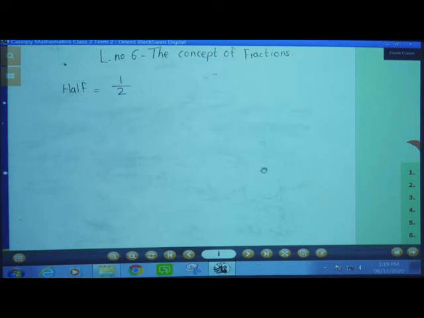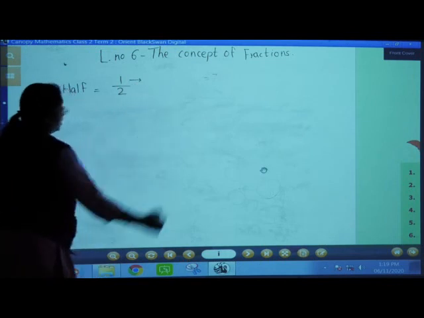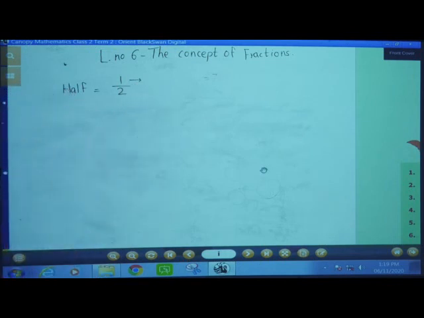1 is the number of parts taken, and this is called numerator.